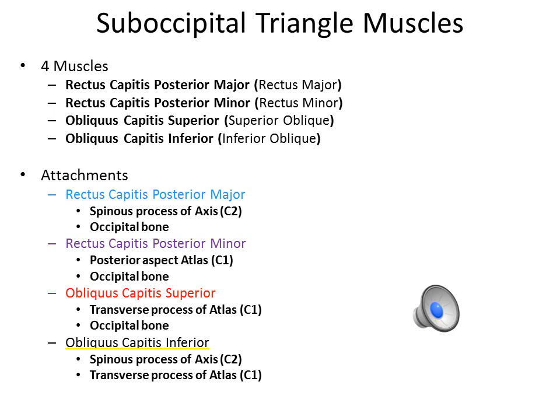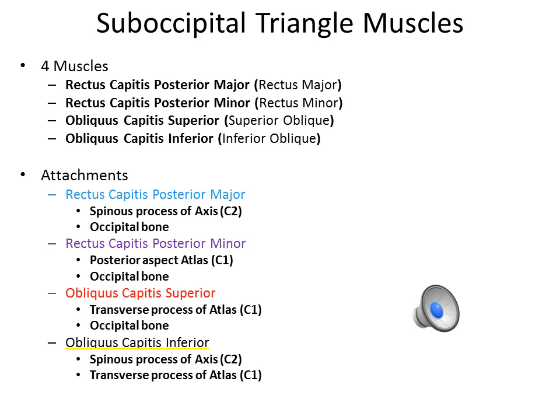The rectus capitis posterior major's inferior attachment is the spinous process of C2. Its superior attachment is the occipital bone. Rectus capitis posterior minor's inferior attachment is the posterior aspect of C1, and its superior attachment is the occipital bone.